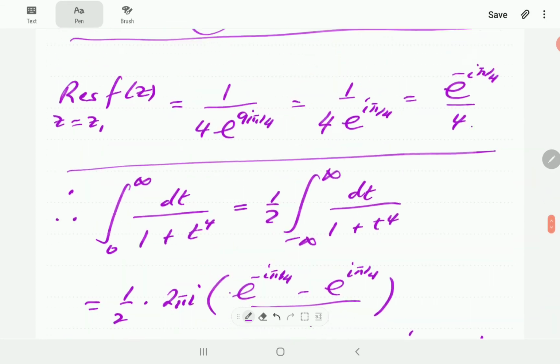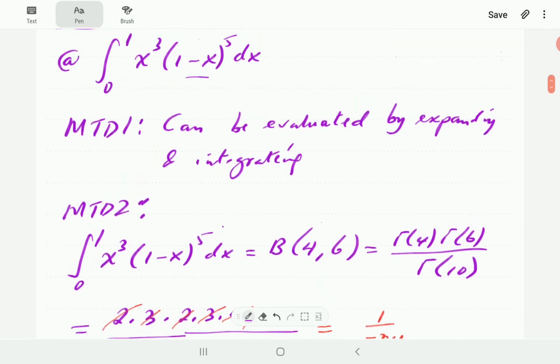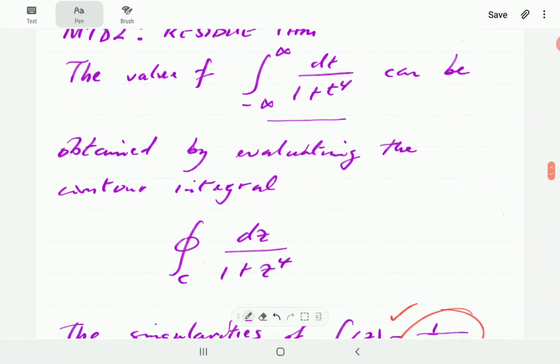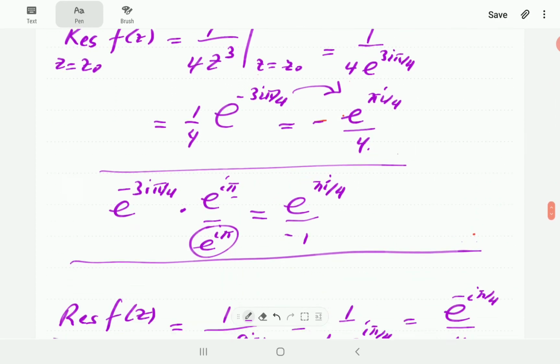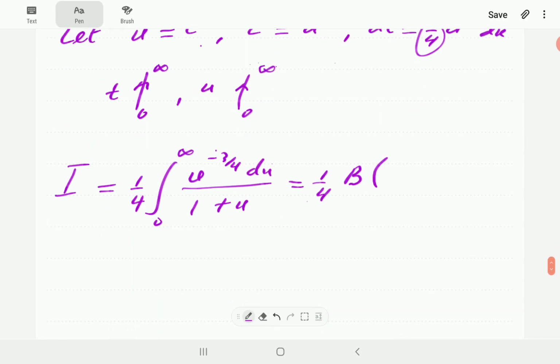Then we compare this with that integral there. So p minus 1 is negative 3 over 4, so that means p is 1 over 4. So we can simply write this as pi over sine pi over 4.